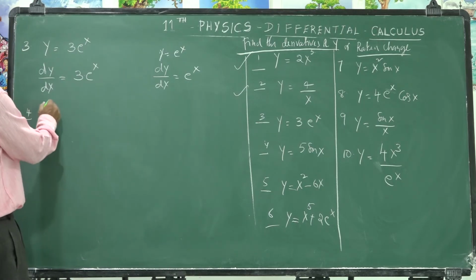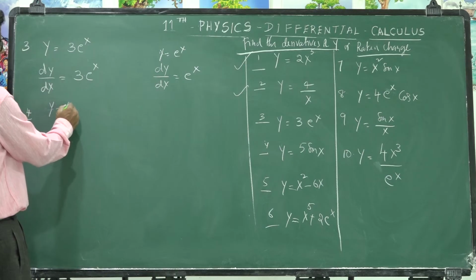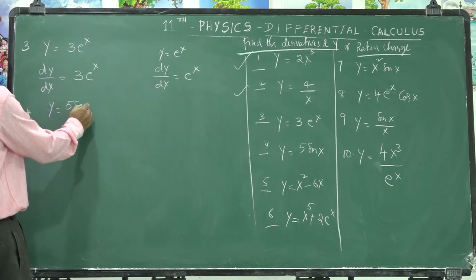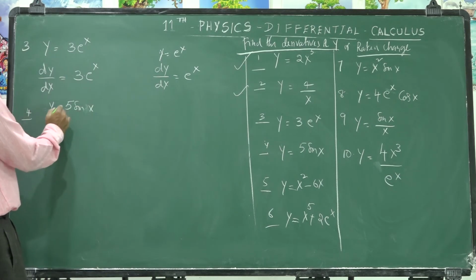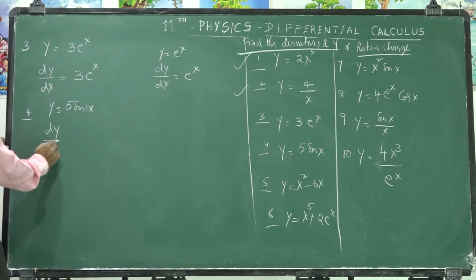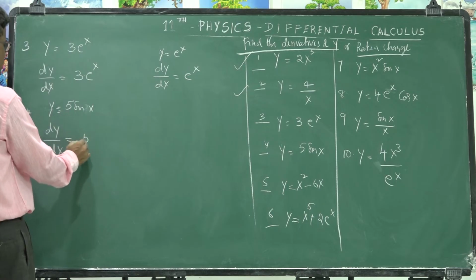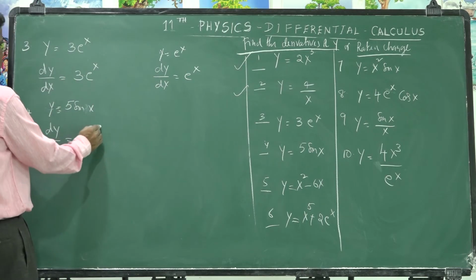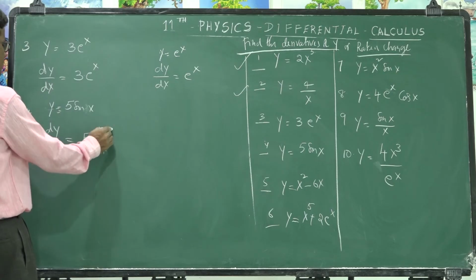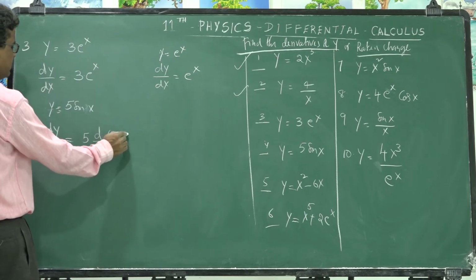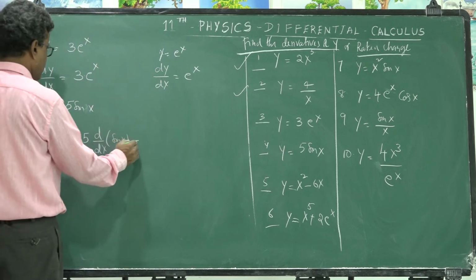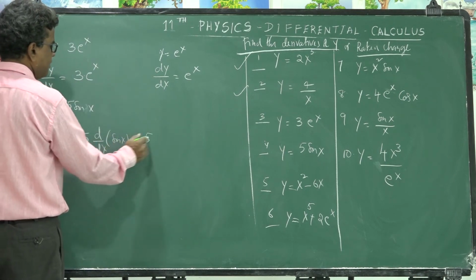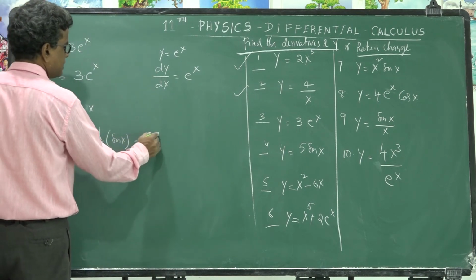y is equal to 5 sin x. So dy by dx is equal to, what will you get? 5, you keep it constant as it is, dy by dx of sin x, that is the meaning. That is 5 into dy by dx of sin x, which is cos x.